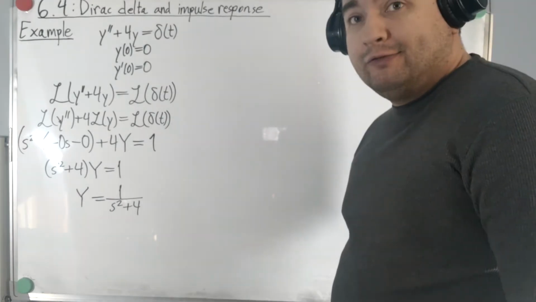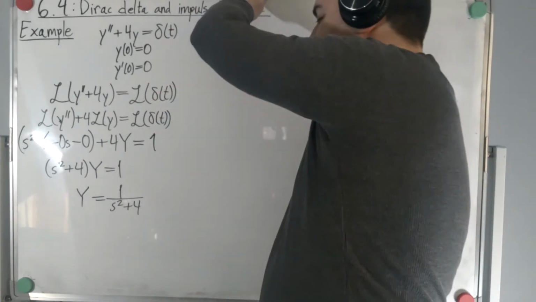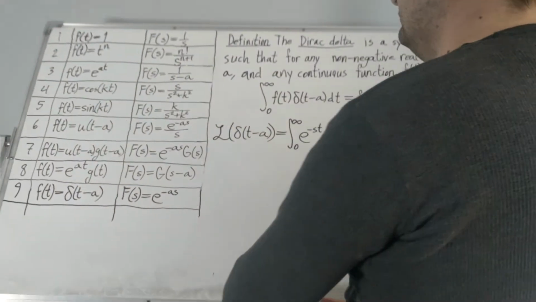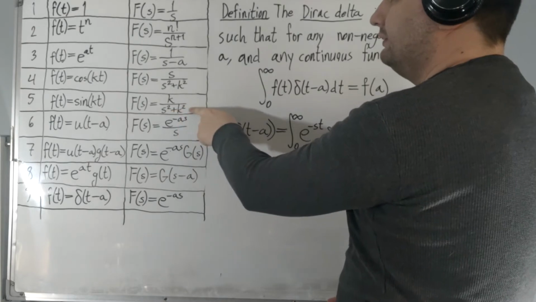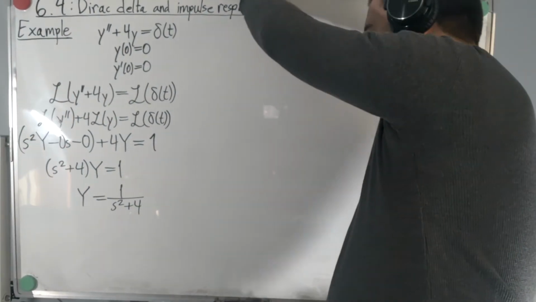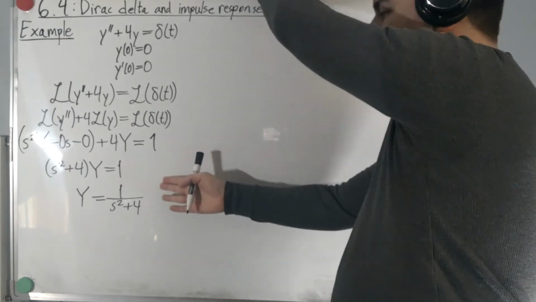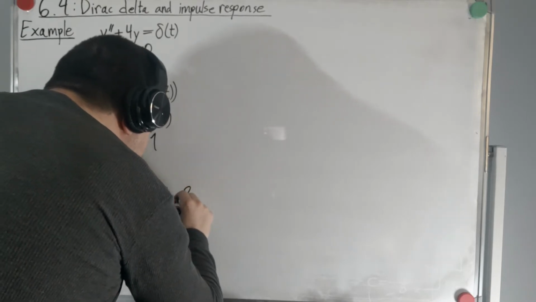And then we have to take the inverse Laplace transform of that. Well, that looks an awful lot like k over s squared plus k squared, where k is equal to 2. The only trouble is we don't have a 2 in the numerator, but that's fine. We can just multiply by 1/2 and 2 simultaneously.